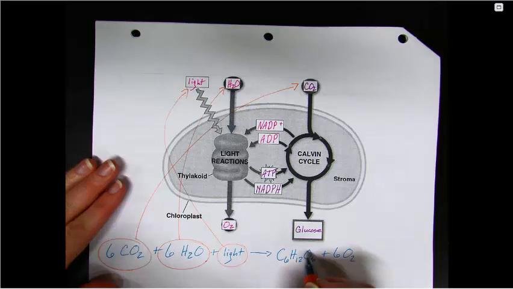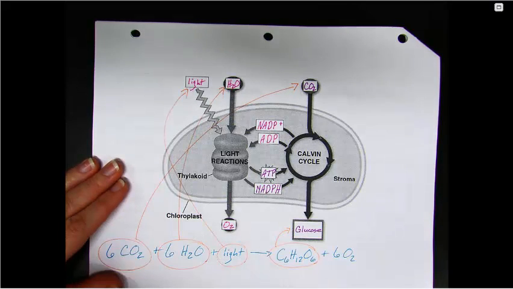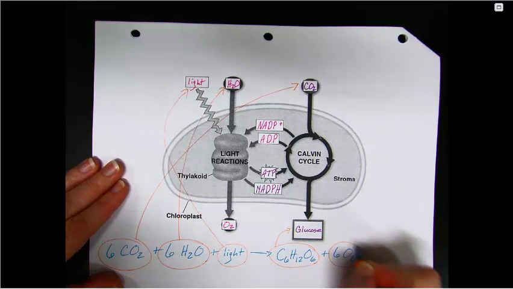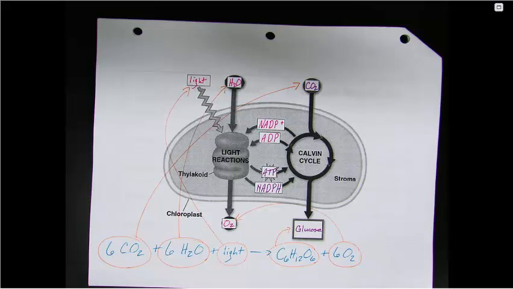In the end, our glucose was produced in the second step, and the oxygen was produced in the first step. So all of our pieces of the overall chemical equation are accounted for in the diagram.